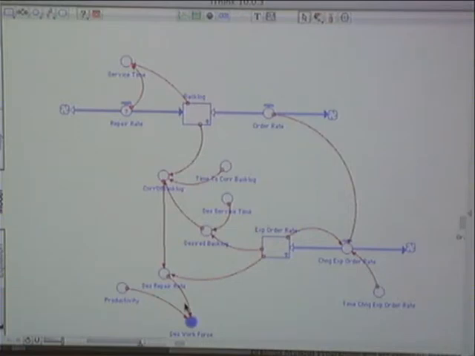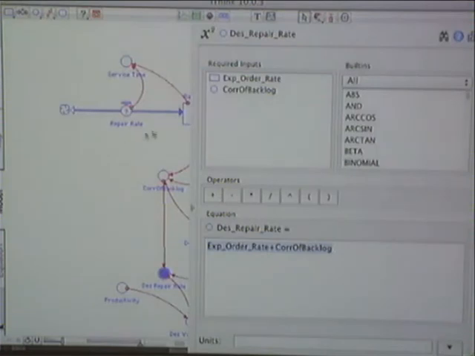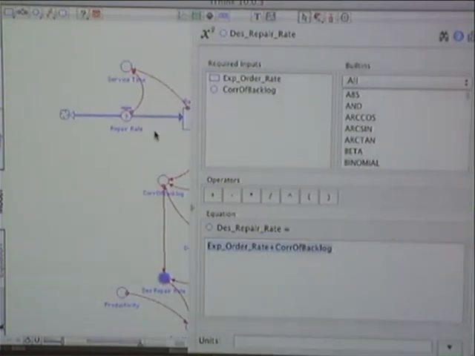Productivity is 20 bicycles repaired per person per day. Absolutely. It's the same as we earlier had as the repair rate. But now we don't get that repair rate. We need workforce. In order to find out what workforce we need, we need to express this as the desired repair rate. Absolutely.